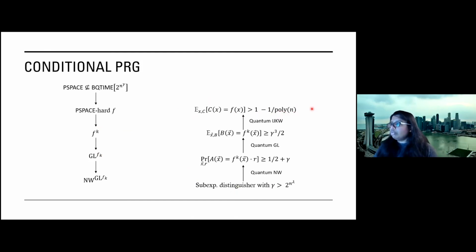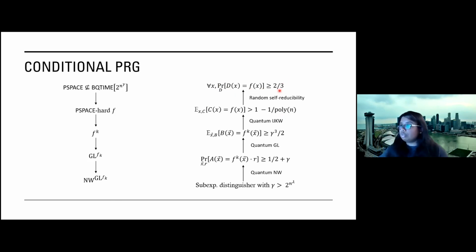However, this can only do well on average. But we know that the language we have is random self-reducible, which means we can change it so that for every input, I have a circuit that outputs the correct answer with probability at least 2/3. We started with a sub-exponential time distinguisher, and all the overheads are only polynomial, which means you still get a sub-exponential time circuit for the language. And this is what gives you the contradiction.